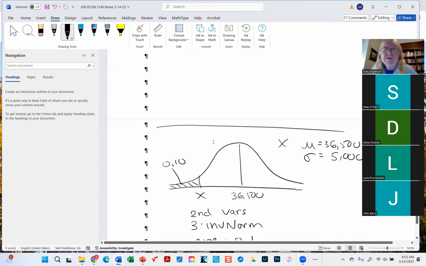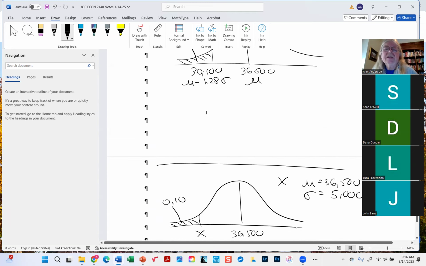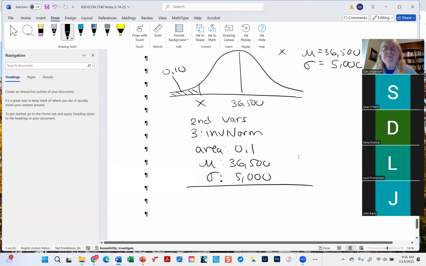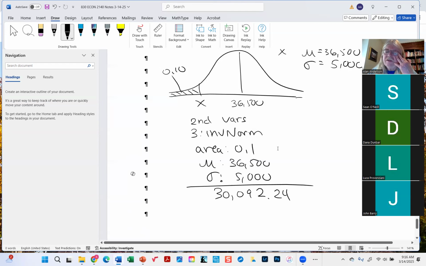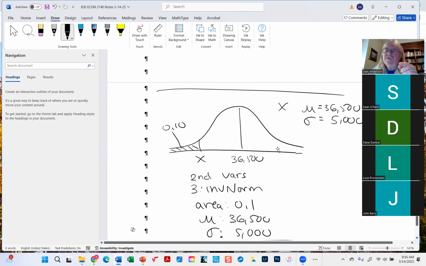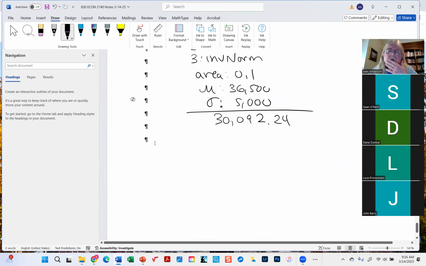It's like 1.281 something. So by doing it this way, we're getting a more precise result. So it's actually 30,092. I guess the Mind tab will have to figure out how much leeway to give you when there are rounding differences. But you can see here we went directly to X without needing to go through the standard normal distribution. So probably this will be the way to go, but again, it'll depend on the question.